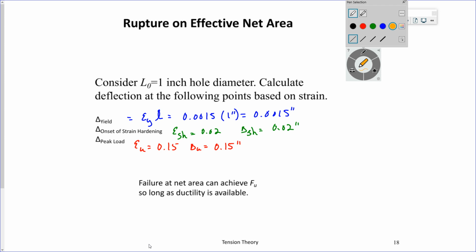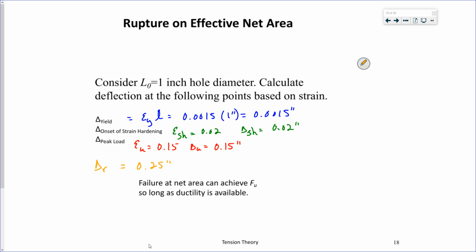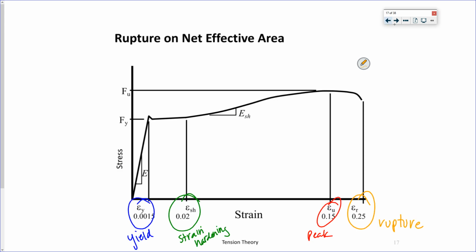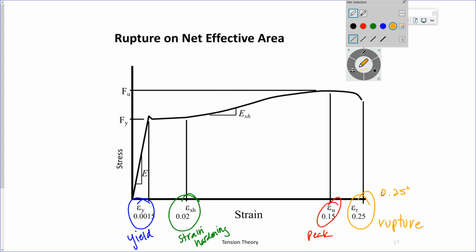And that was 0.25 inches, right? So let's go back and add those to the stress strain, right? 0.25 inches, so 1/4 of an inch deformation to get to rupture. 0.15 inches is my peak.